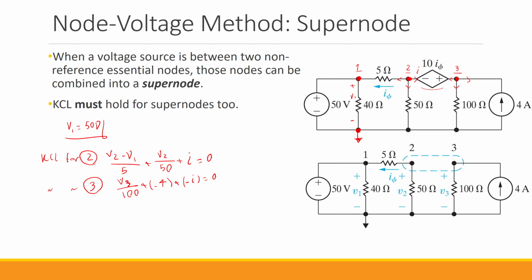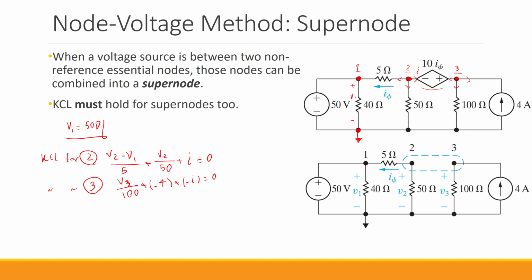So we came up with two equations here. We were looking for only two equations. Why? Because V1 was already known. But do these two equations provide enough information for us to solve this circuit?